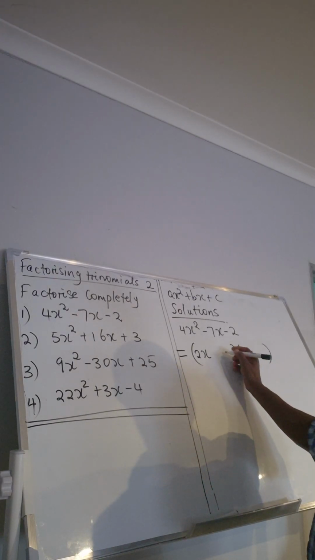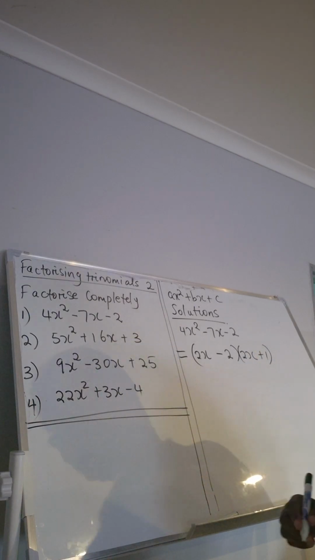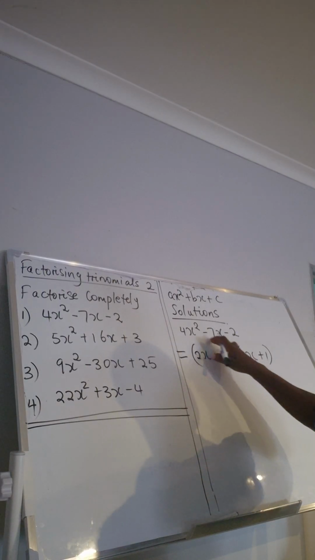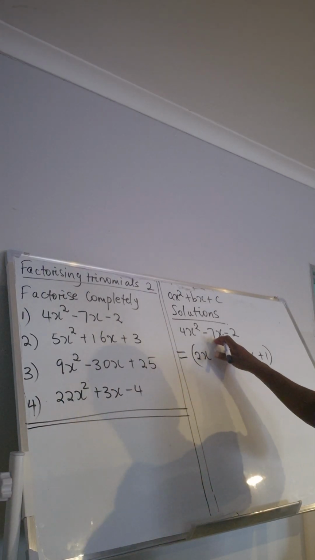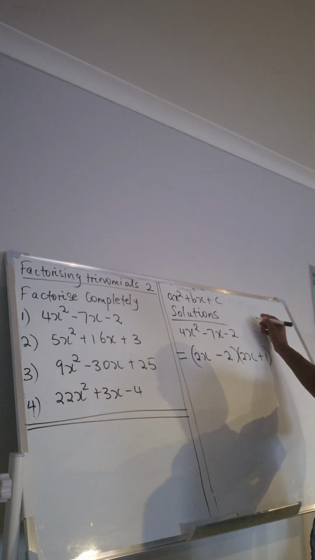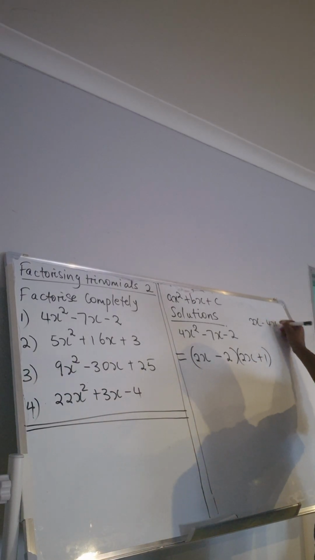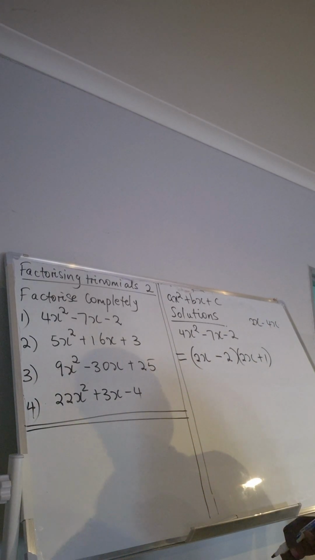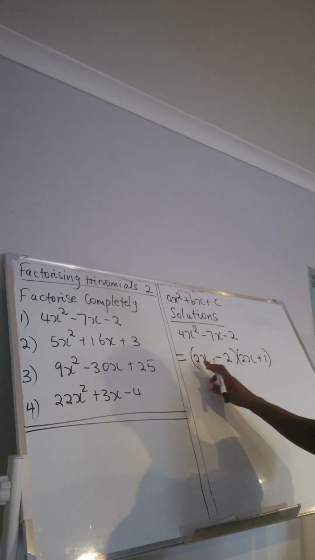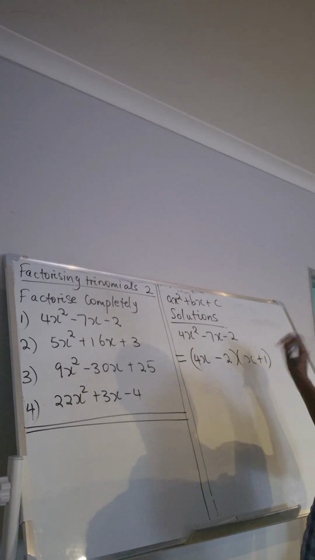Now it means you can try here, then plus 1. Then we say it's trial and error because you are going to try this. You multiply this and that so that you check if you are going to find your middle term. So in this case, 2x times 1 is going to be 2x. Then minus 2 times 2x is going to be minus 4x, which does not give us minus 7. So these factors will not work. So let us try 4x and x.